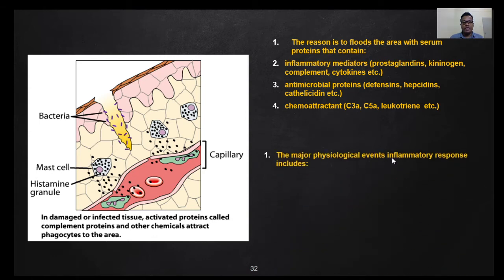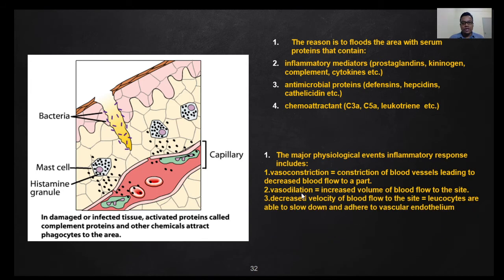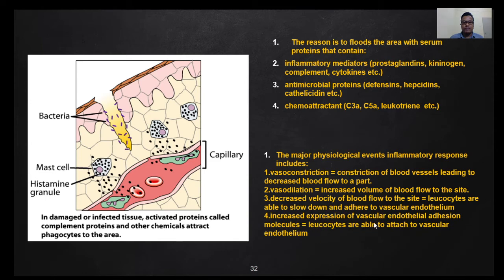The major physiological events in the inflammatory response include vasoconstriction, which is a constriction of blood vessels leading to decreased blood flow to a part; vasodilation, increased volume of blood flow to the site; decreased velocity of blood flow to the site, which means leukocytes are able to slow down and adhere to vascular endothelium; increased expression of vascular endothelial adhesion molecules, which help the leukocytes to attach to vascular endothelium; and increased vascular permeability, where fluids can enter the tissues.